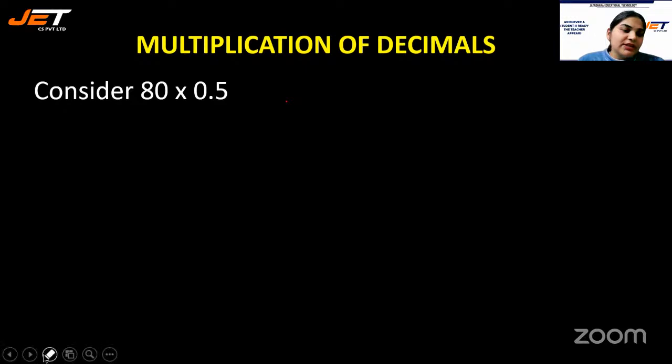So 80 times 0.5, or if I say 80 times 5, it's 400, right? And then there is one decimal place, so leaving one and putting a decimal here. It's 40.